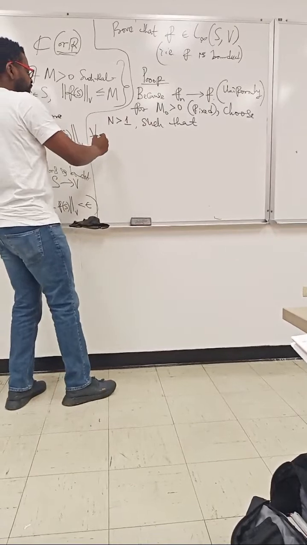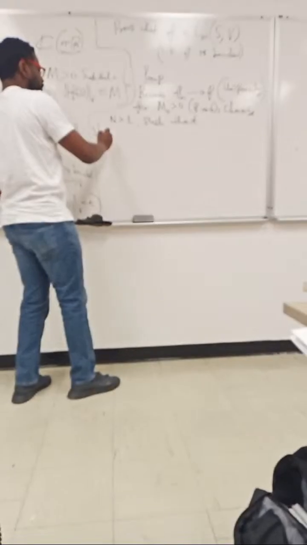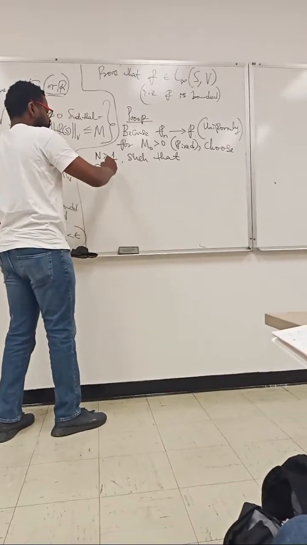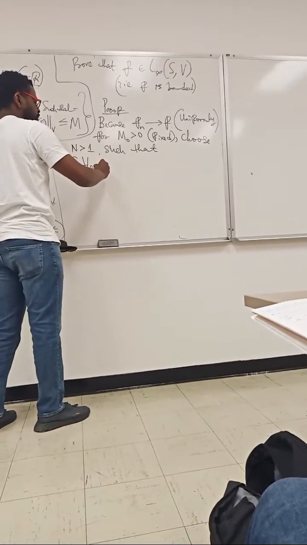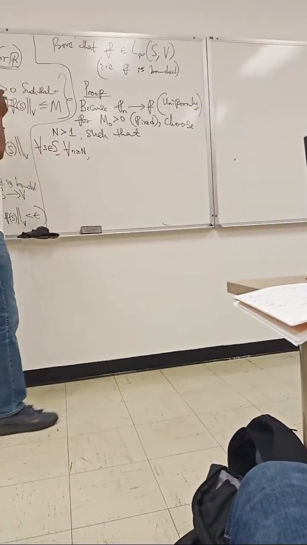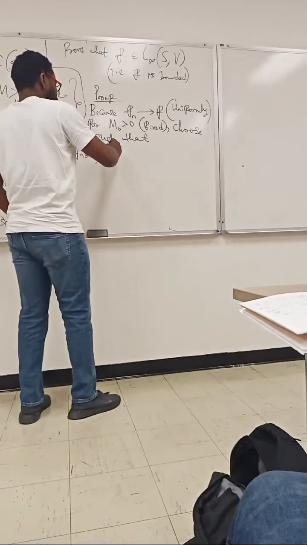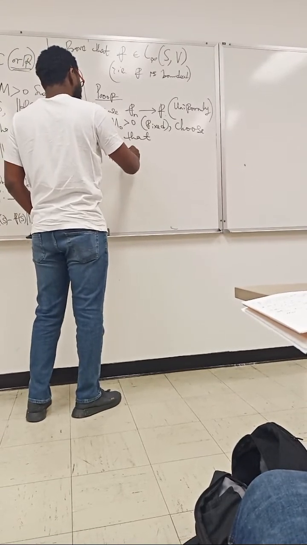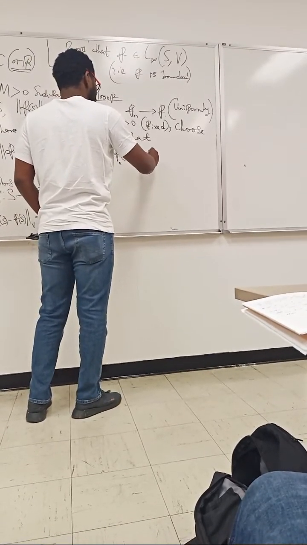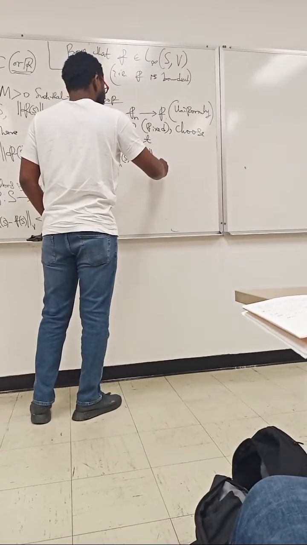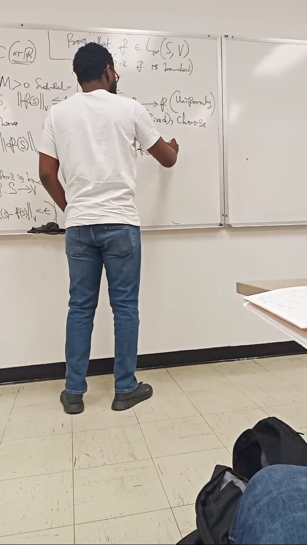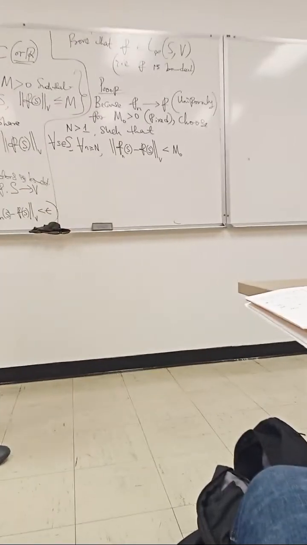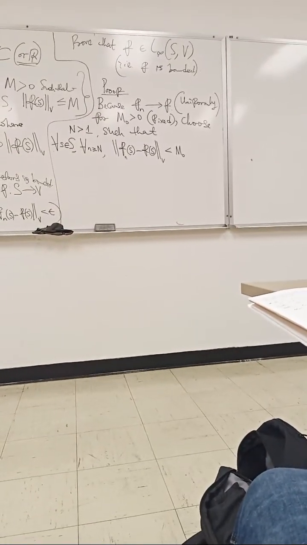So by the uniform definition, we have that for all s in S, for all n bigger than or equal to N, the norm of Fn of s minus f of s in V is strictly less than M naught. This is true, right?